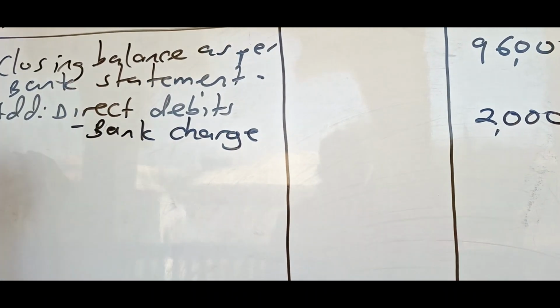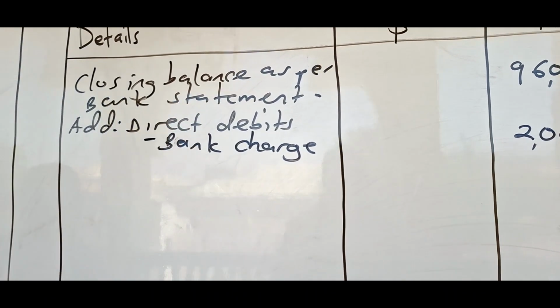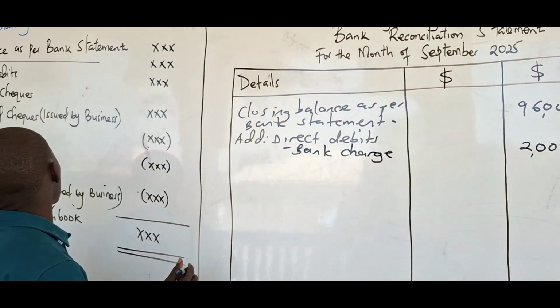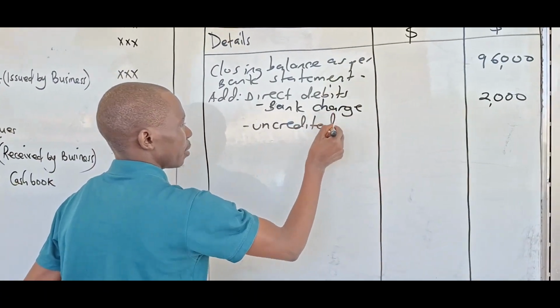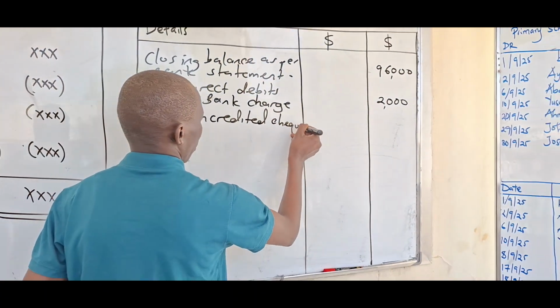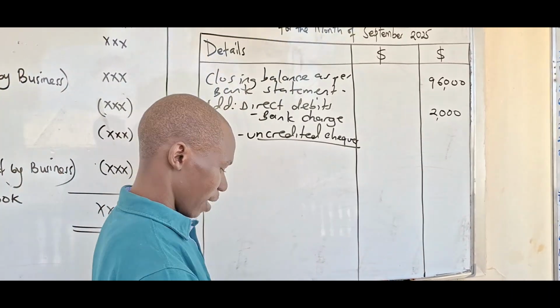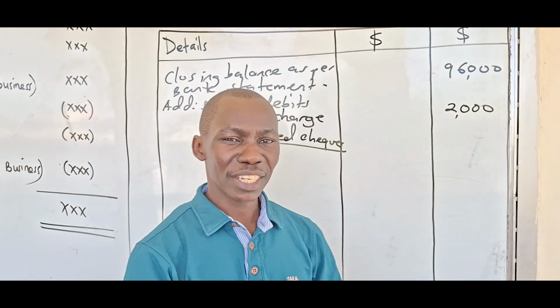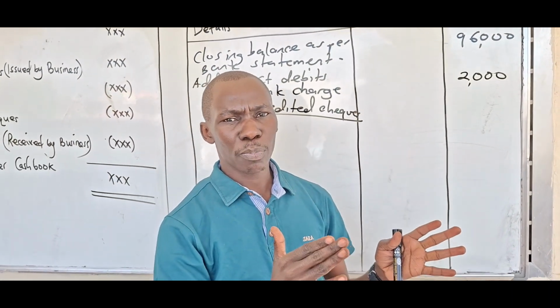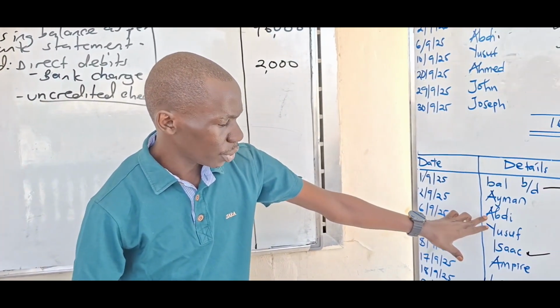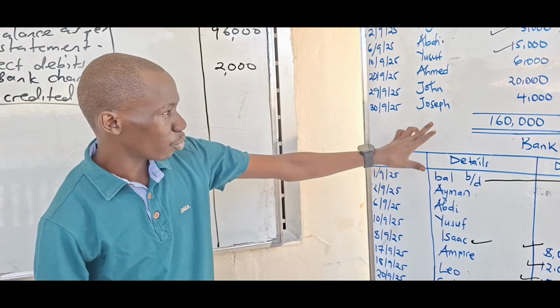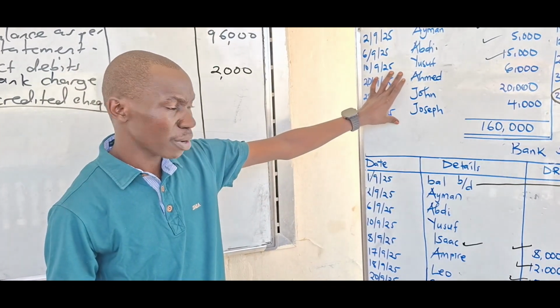You can add, according to our formula, uncredited checks. I explained, I told you, uncredited checks, of course, those are deposits in transit. You, as a business, receive a check from maybe accounts receivables.